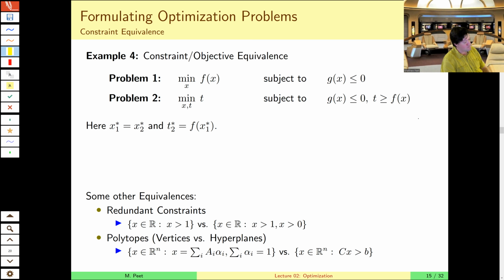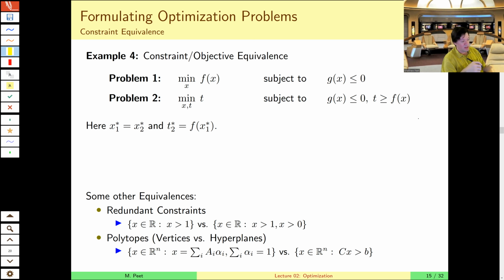Now we'll talk a little bit about constraints. What is the difference between the constraint and the objective function? Well, it may seem obvious.